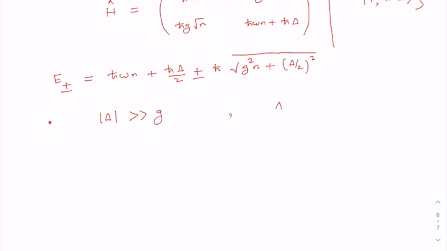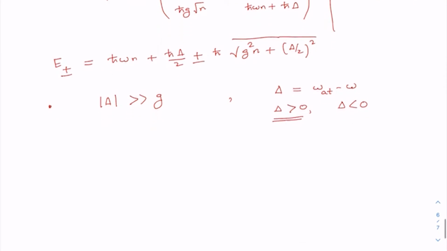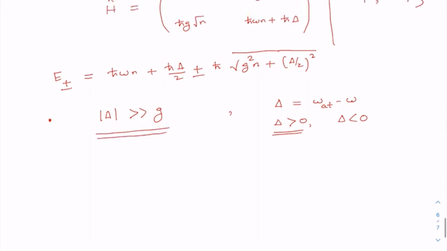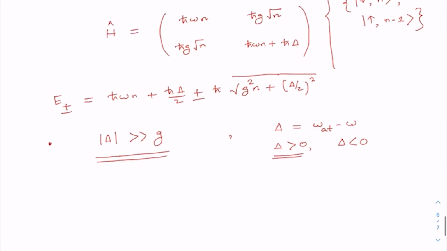Remember that Δ is equal to ω_atom minus ω, so it can be greater than 0 or it can be less than 0, but for our calculational simplicity, we are going to consider Δ greater than 0. So in this case, the detuning is much greater than the coupling Ω.